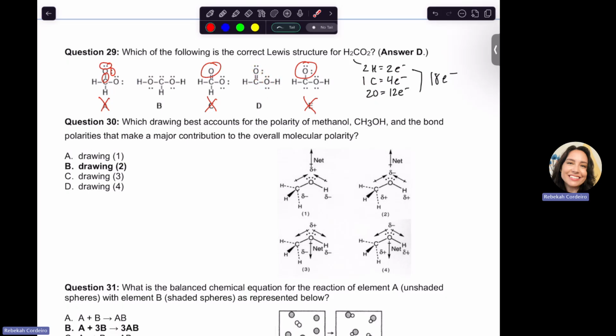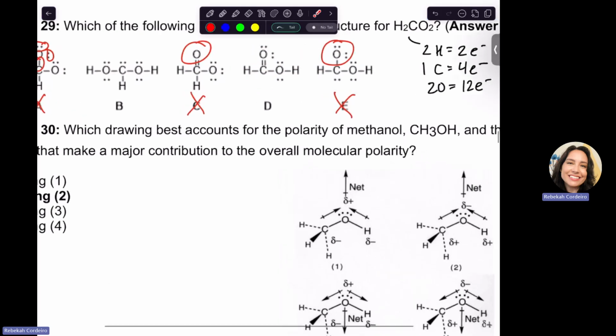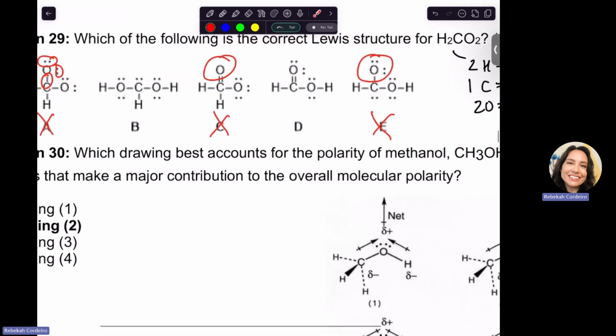Which of the following would be the more correct structure? So we have to make a choice here. Do you think it's better for carbon to have 3 bonds and a lone pair, or for carbon to have 4 lines? Think about the most common way you see carbon. On the final exam, you probably won't see 2 that are this different, but carbon likes to have 4 bonds.